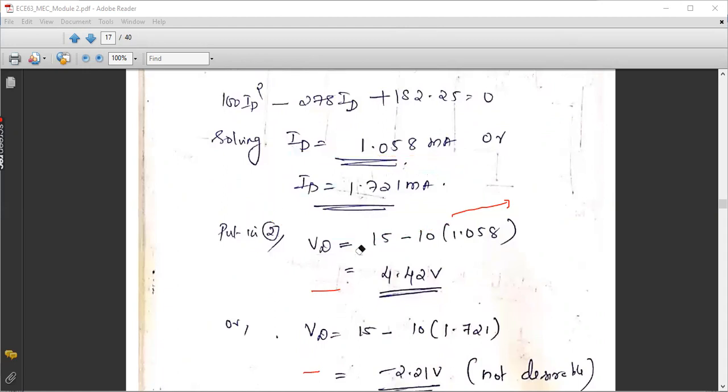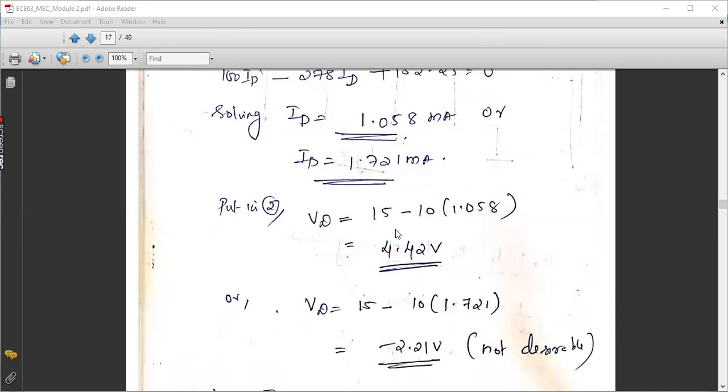So get back our answers to equation number 2, substitute there, and we'll have the answers for VD. VD is 15 minus 10 into 1.058. So we'll get 4.42. But if you use 1.721 milliampere, the answer is negative 2.21. So the drain voltage is negative in the second case, whereas positive in the first case.